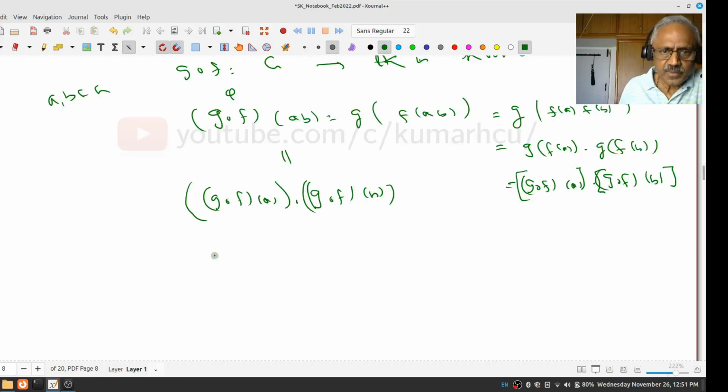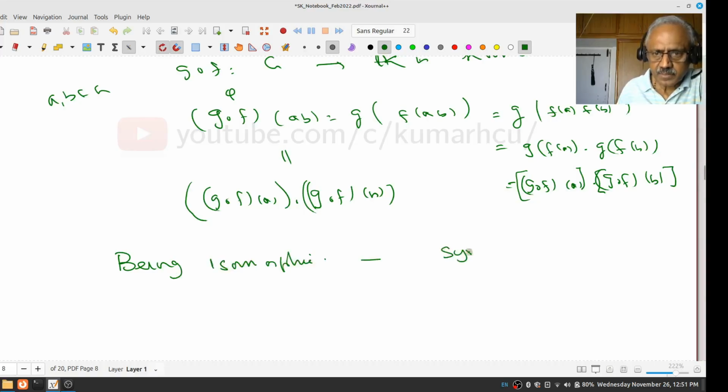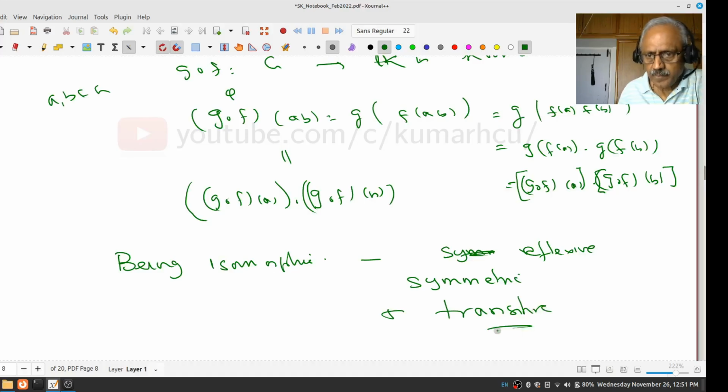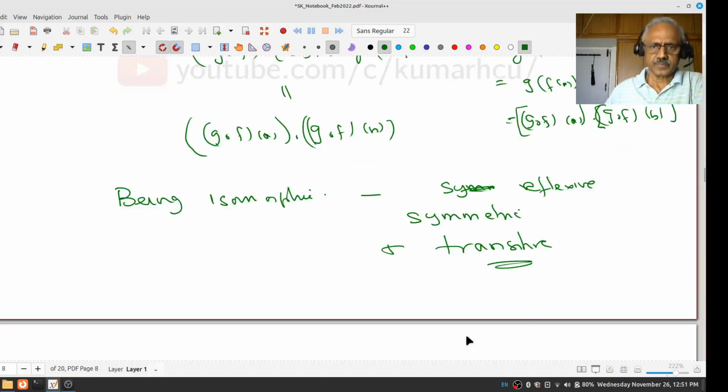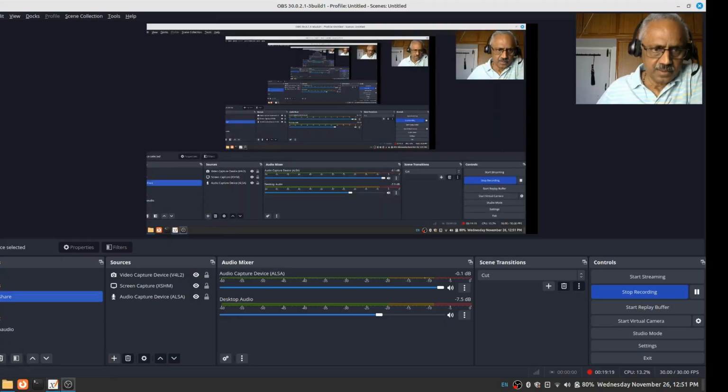Therefore, we have proved that being isomorphic, this relation, is reflexive, symmetric, and transitive. Some of you who know the words may wonder why I never said it's an equivalence relation.